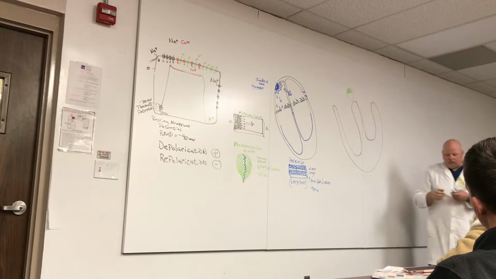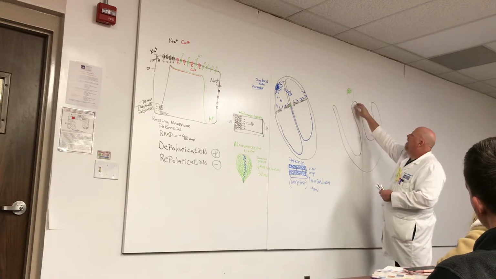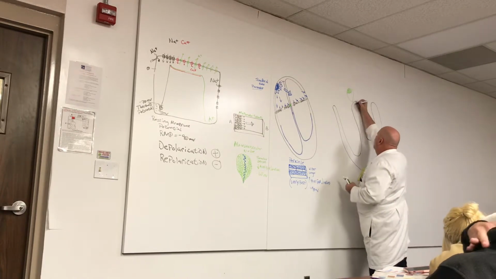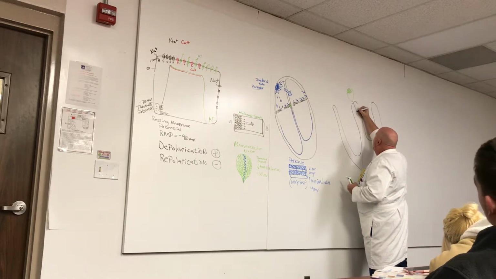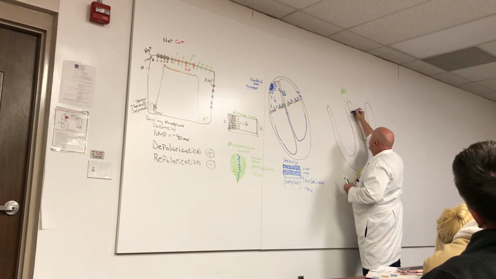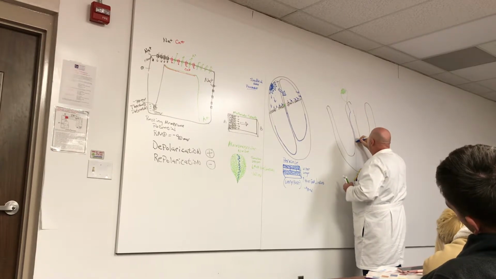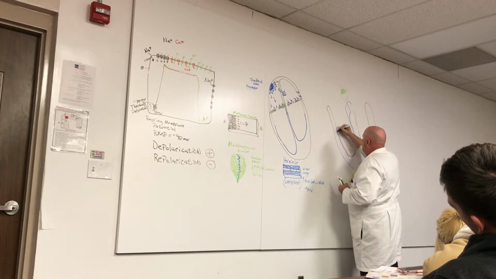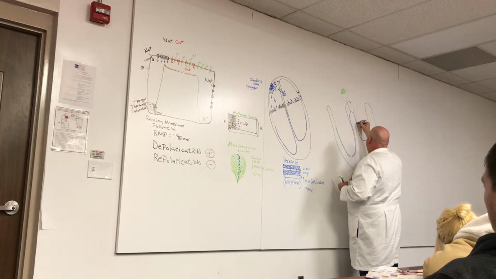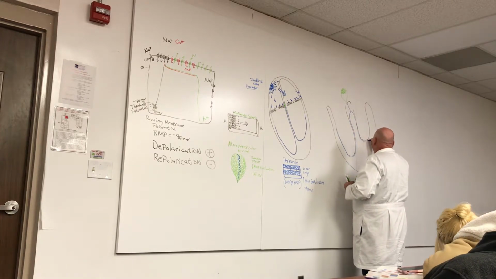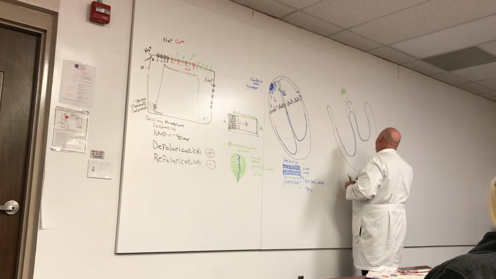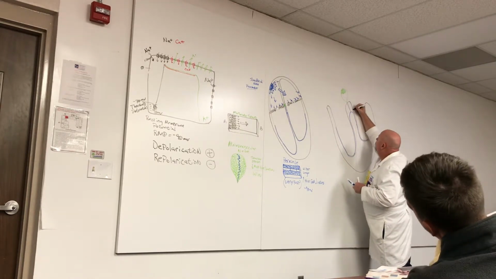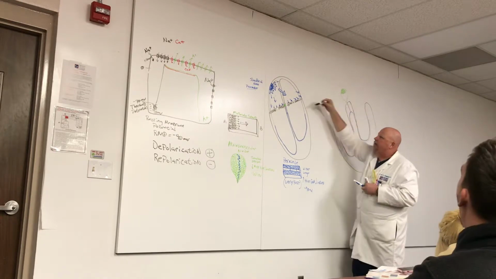The uppermost portion, right after the AV node, is fibrous. But we also have this thing called the bundle of His, H-I-S. The uppermost portion of the interventricular septum is fibrous tissue, which we already said doesn't conduct electricity.